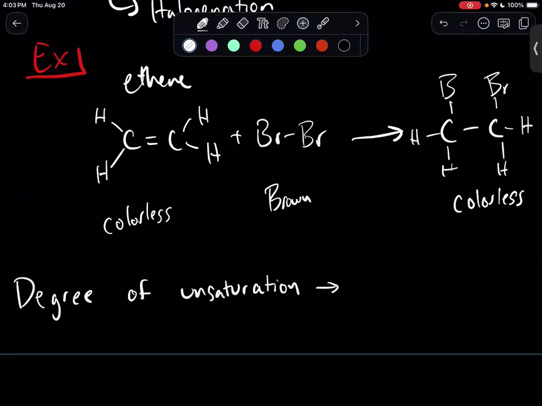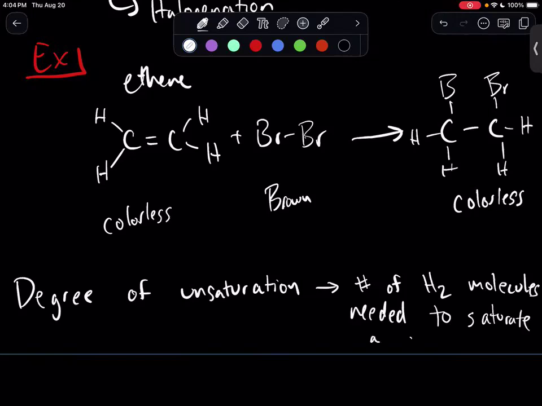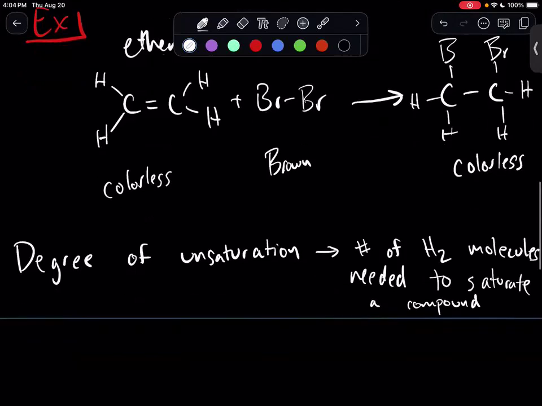The degree of unsaturation is basically a test where we use hydrogen, and we specifically look at the number of hydrogen molecules needed to saturate a compound. So like one double bond is done in by one hydrogen molecule. A triple bond needs two.